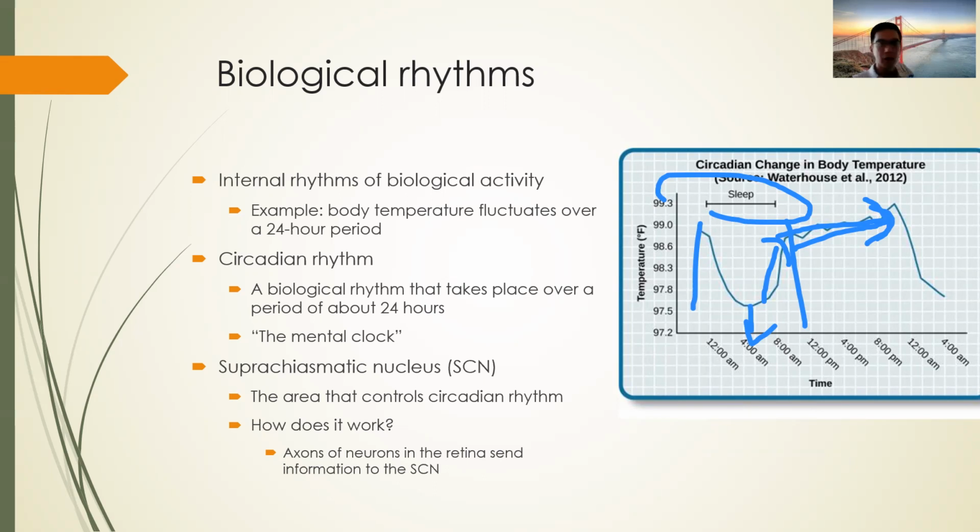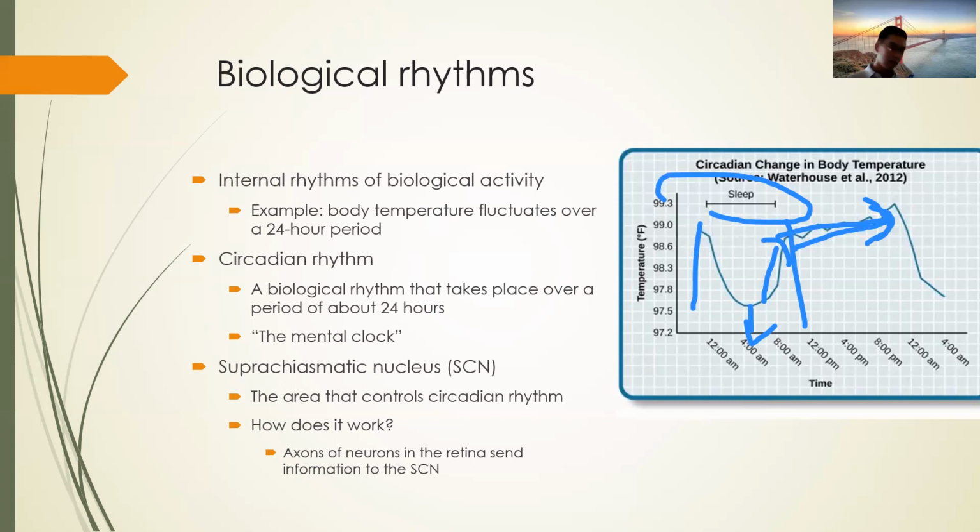Last week we talked about the hypothalamus being a part that controls the endocrine system and the pituitary gland. Also the hypothalamus controls the circadian rhythm. So the hypothalamus is a very important part of the neural system.